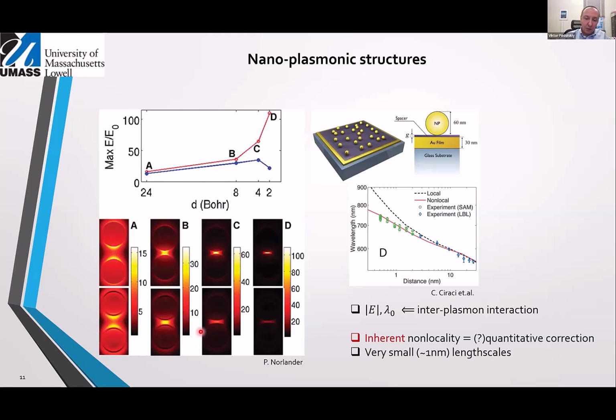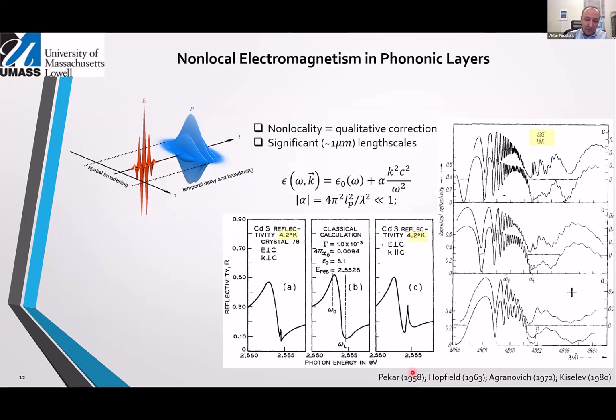And so here it looks like this inherent non-locality yields some small quantitative correction to material response at extremely small length scales. On the other hand, as I showed you at the very beginning, Pekar showed that non-locality should exist. And people in the 60s and 70s did look for the signatures of non-local response.